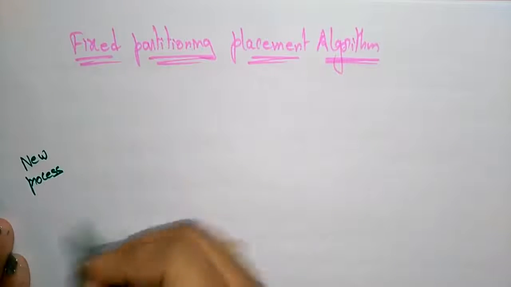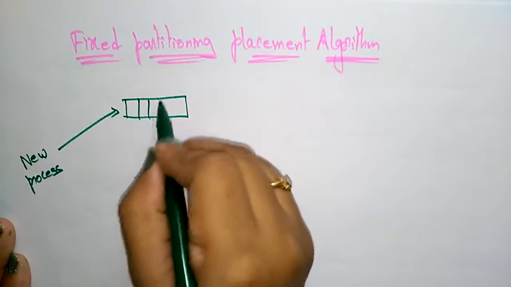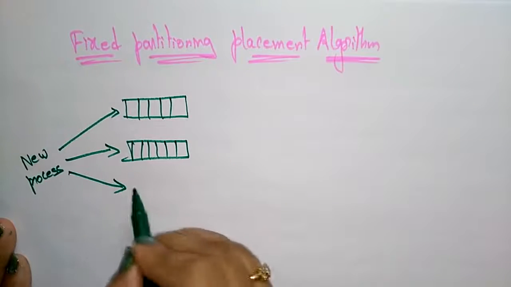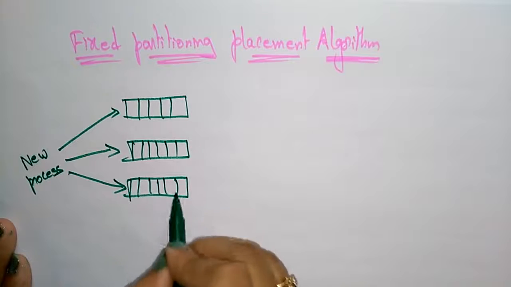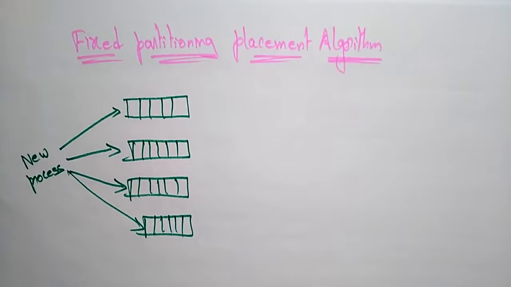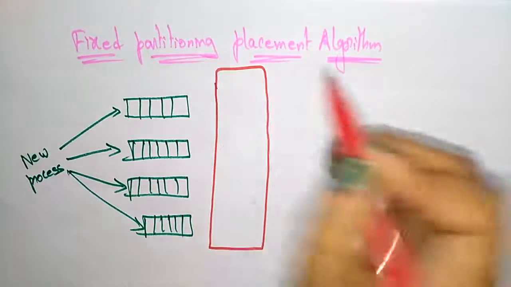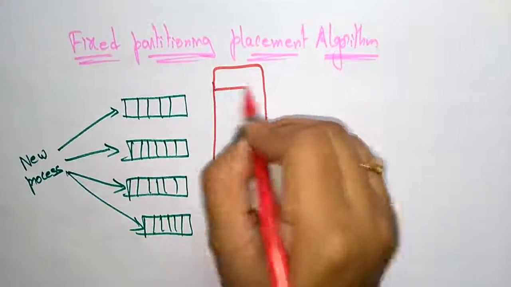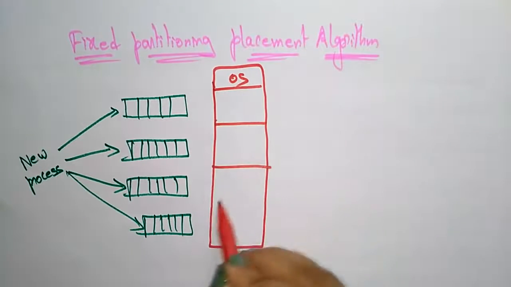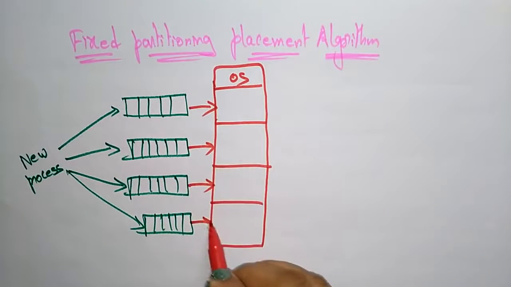The new processes are divided into multiple queues, meaning the data is arranged in queues. In the main memory, first the operating system is stored, and each queue occupies one slot, one segment.